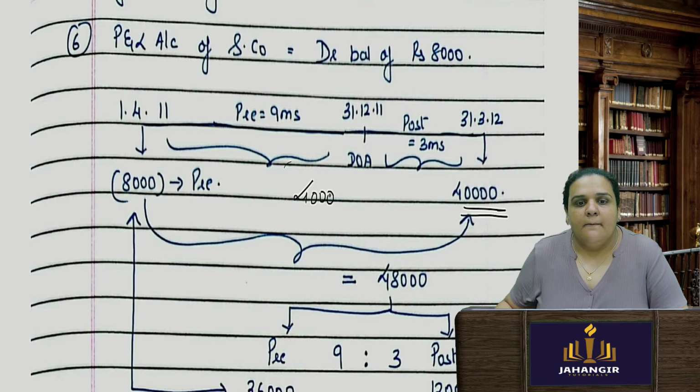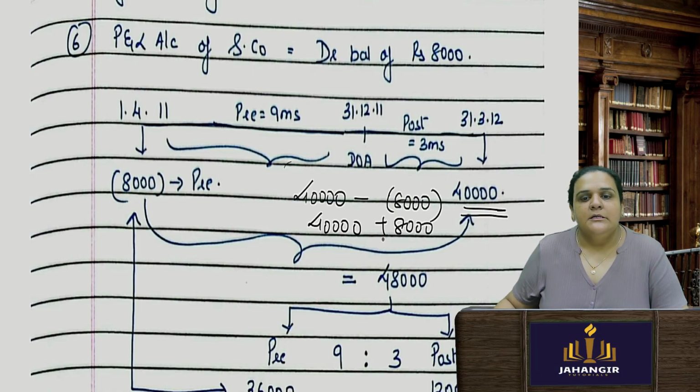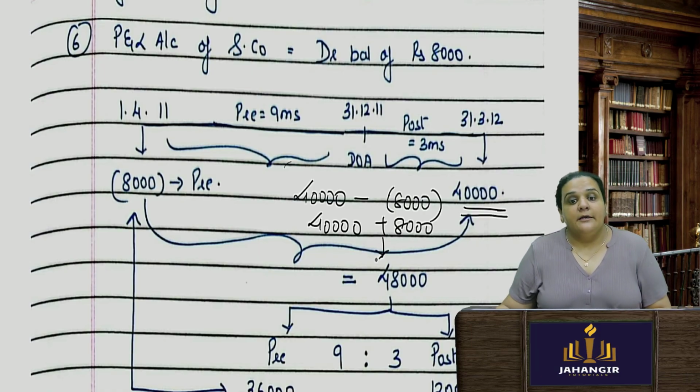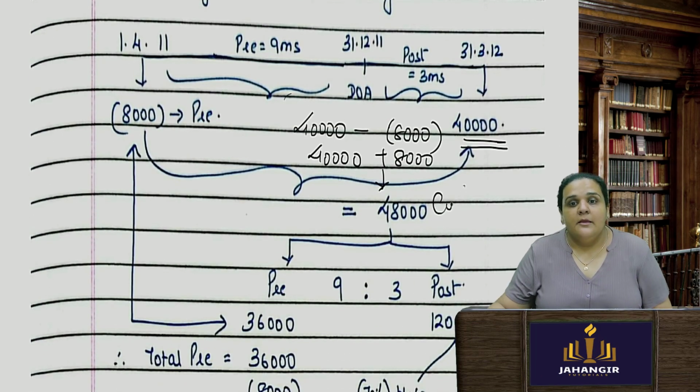How do we find current year's profit? Closing minus opening. So 40,000 minus and minus becomes plus 8,000. So it will become 48,000 current year's profit. This is going to be current year profit.